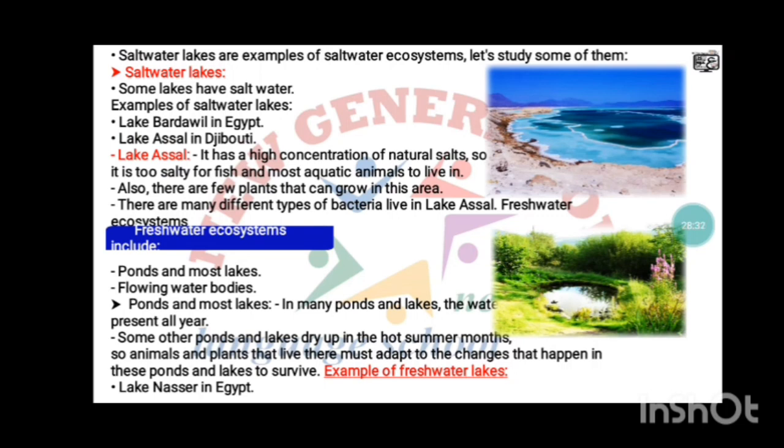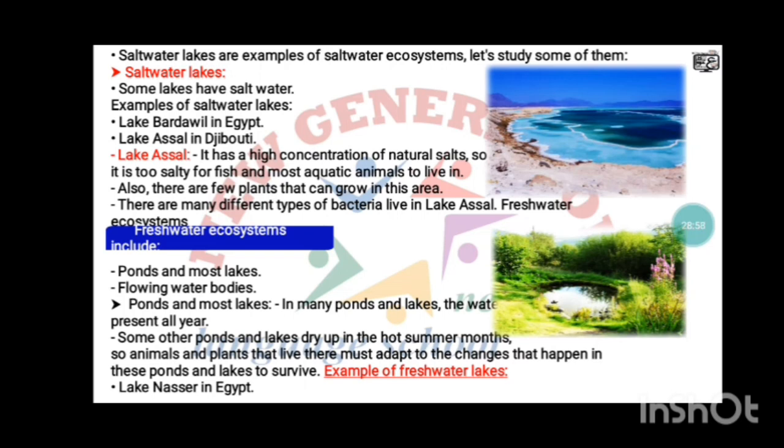Saltwater lakes are examples of saltwater ecosystems. Let's study some of them. Some lakes have salt water, for example, Lake Bardawil in Egypt and Lake Assal in Djibouti. Lake Assal has a high concentration of natural salts, so it's too salty for fish and most aquatic animals to live in.